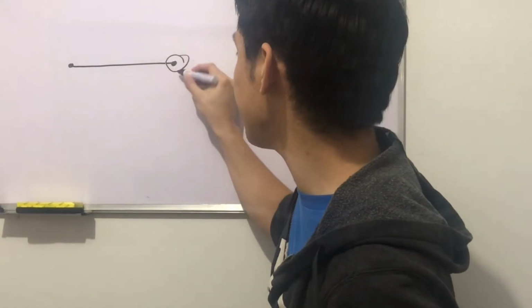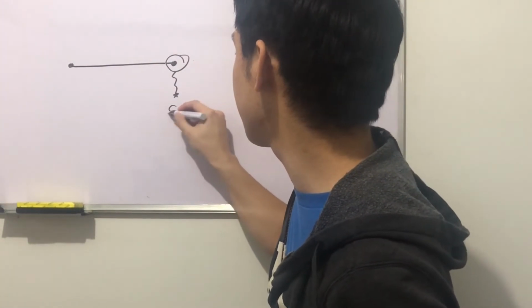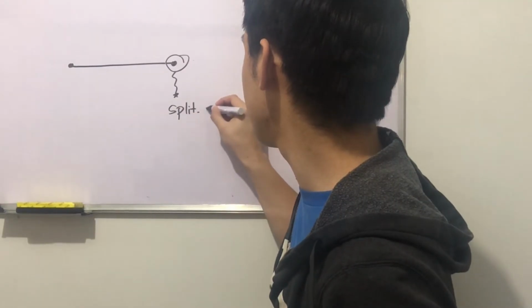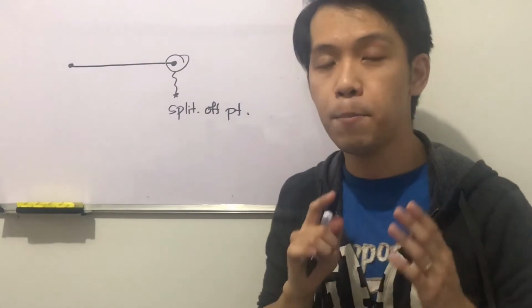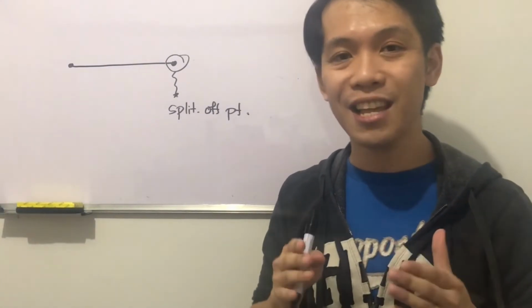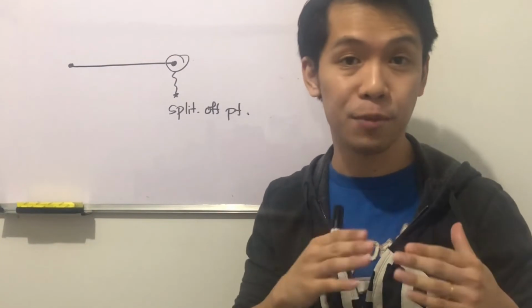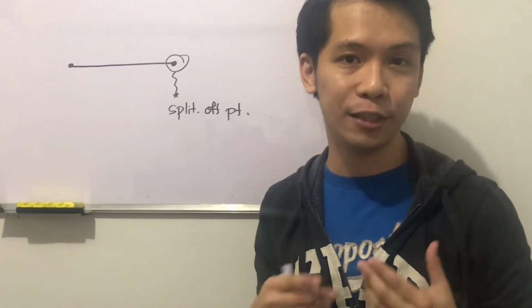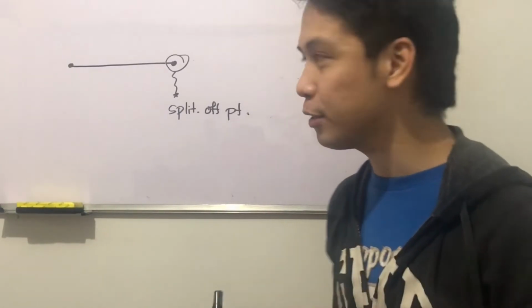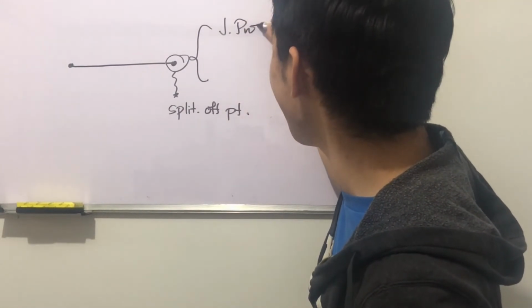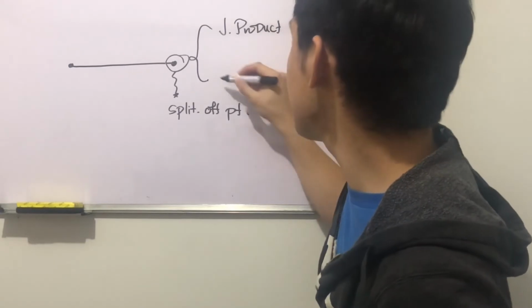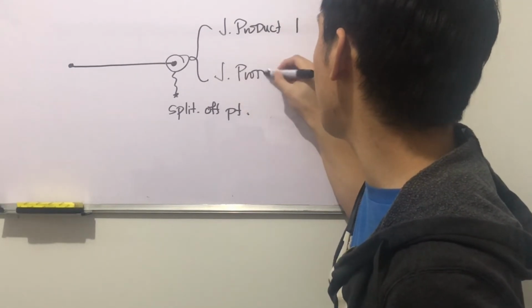We call the point where the products become identifiable the split off point. Beyond the split off point, we can identify one product from the other. So if, for simplicity, there are two products, we would have joint product 1 and joint product 2.